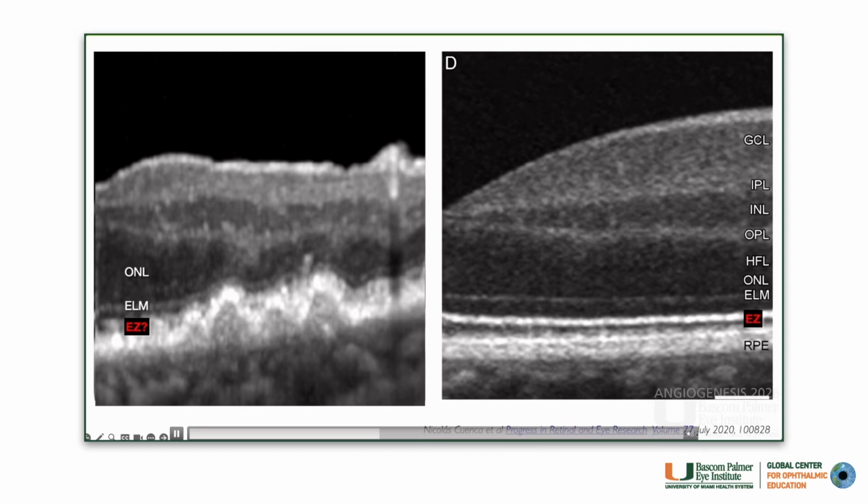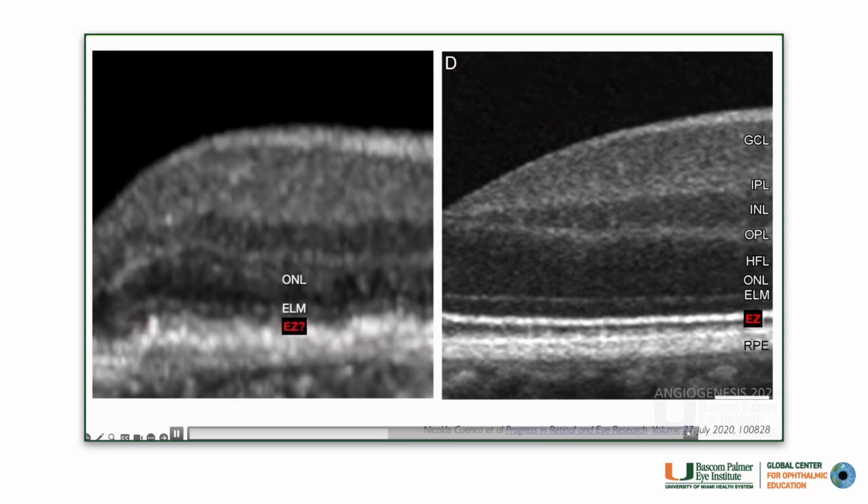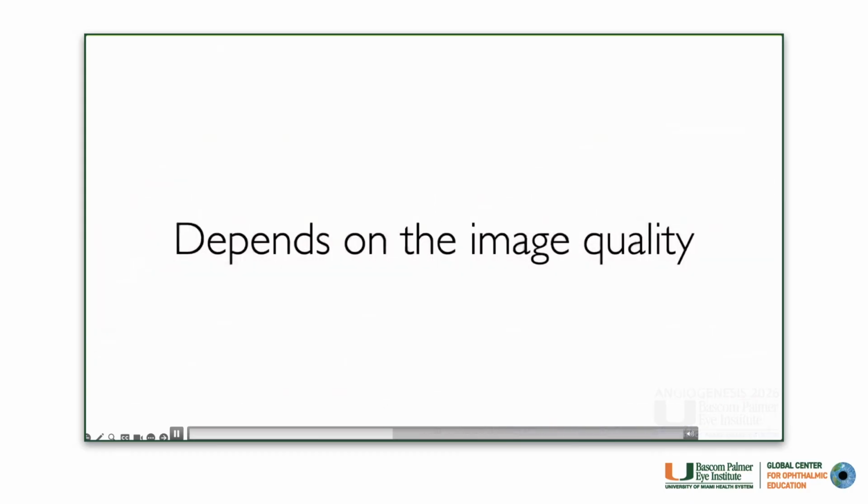In that case, the possibility to identify clearly the presence of the ellipsoid zone could be a little more difficult. Here, just another example of the subretinal drusenoid deposit.